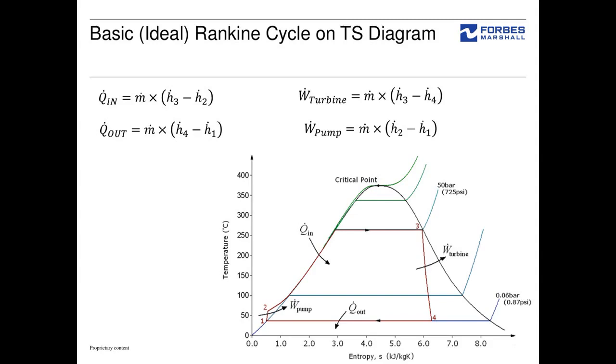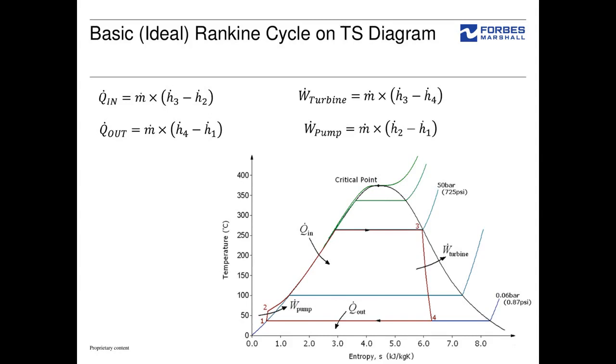So heat input is enthalpy at point 3 minus enthalpy at point 2 multiplied by the mass flow rate of steam and water in the boiler. Then work output from the turbine can be easily calculated by taking the enthalpy difference at point 4 minus point 3 multiplied by the mass flow rate within your turbine. So this will give you work output.